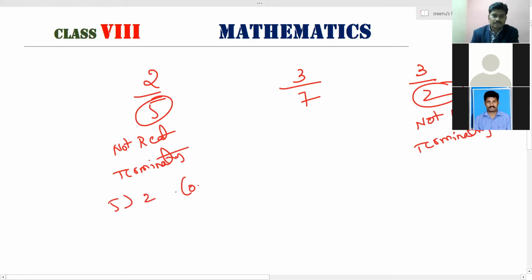Let us see. I got 0.4. Same, I will divide this. What is going to happen? Let us see.